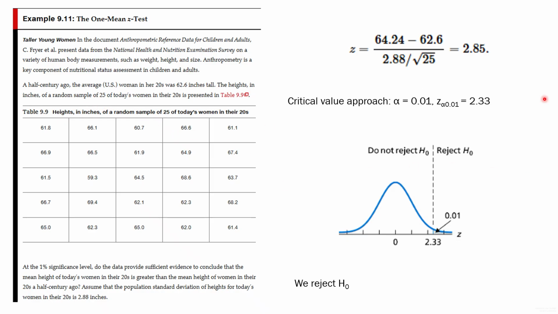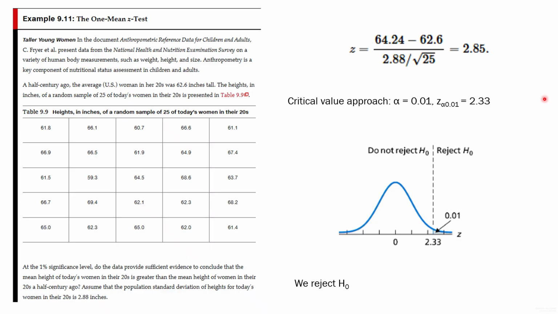Now we're going to use the critical value approach in this one here. And so we have an alpha this time of 0.01. So make sure that you grab out your table so that you can look up this value as well.